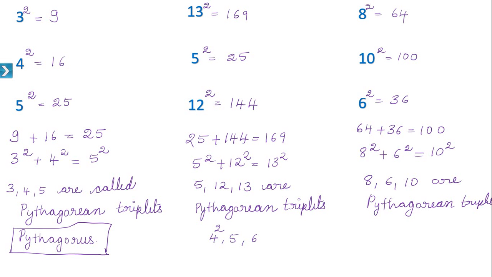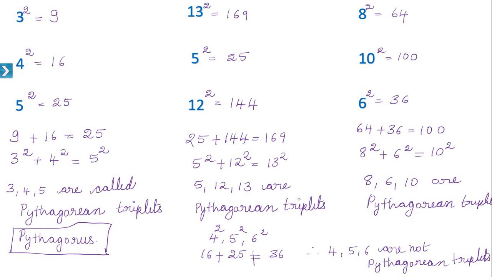Now, 4 square is 16, 5 square is 25, 6 square is 36, and here 16 plus 25 is not equal to 36. Therefore, 4, 5, 6 are not Pythagorean triplets. The squares of any two numbers will not be equal to the square of the third number.